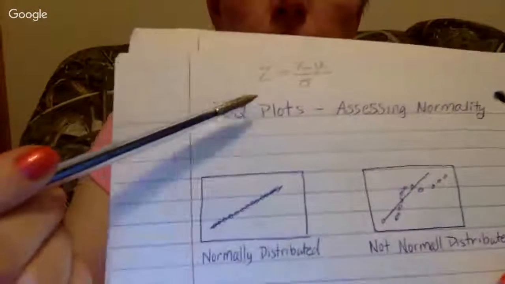This one? Yep, that's it. So the one we use to find the z score? Yep. Z-score. Okay.